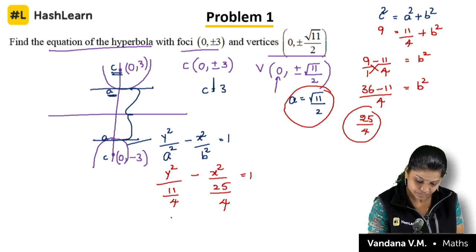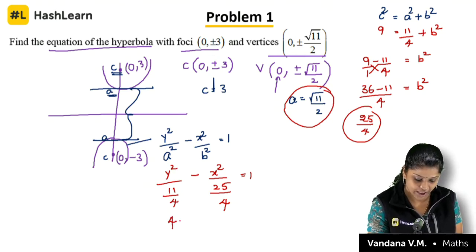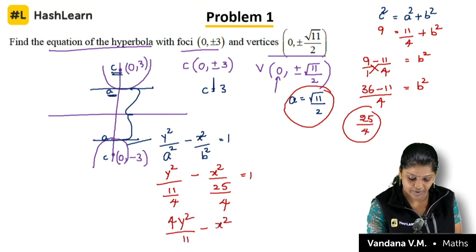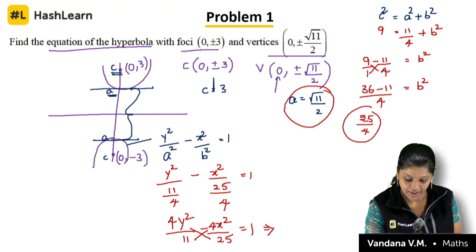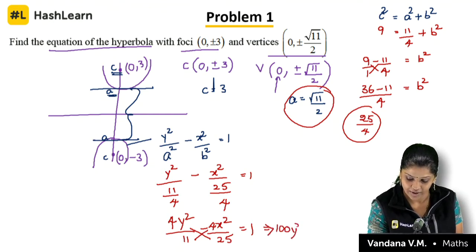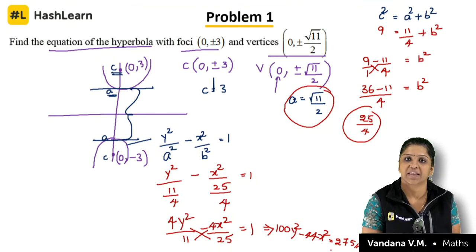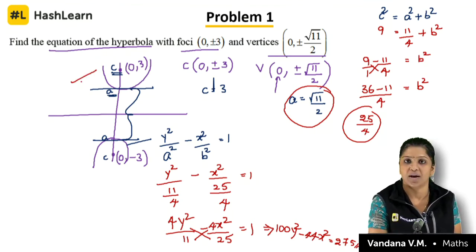If you simplify, 4 will go up. 4 into 25 I am writing directly, otherwise 4y square by 11 minus 4x square by 25 is equal to 1. Cross multiplication, we know, right? So if you multiply, you will get 100y square minus 44x square is equal to 275. You will get the equation of the hyperbola.